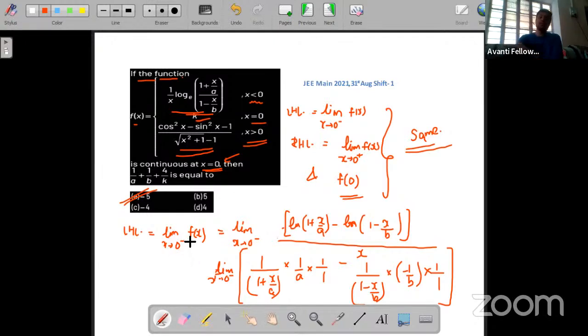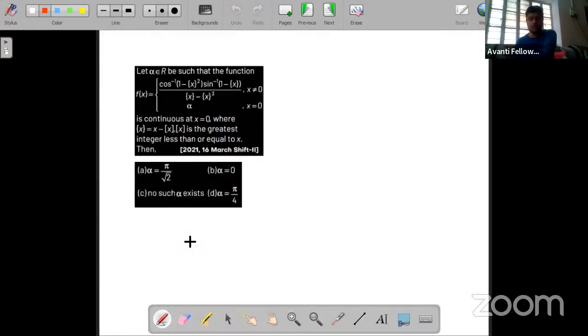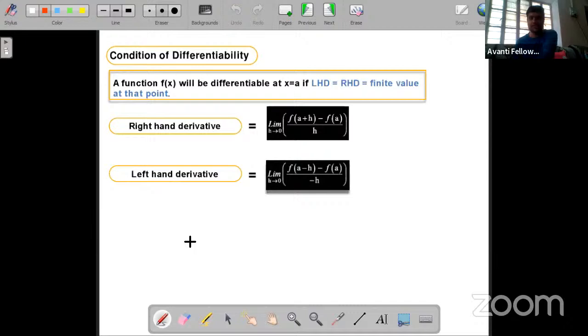I hope you have got some knowledge about continuity and differentiability. You can also revise some of the basic concepts which we could not cover in this class, which is the condition of differentiability. Differentiability means LHD should be equal to RHD. Simple.